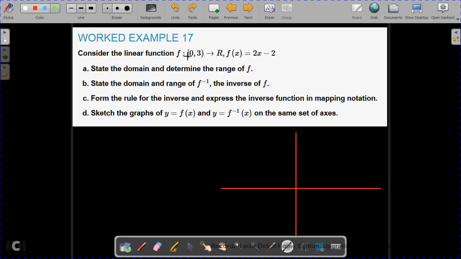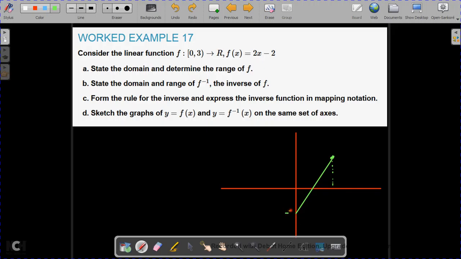So let's get rid of that line. We actually start from 0 and go to 3. So where's 0? It's down here, and we go up to 3, which is about there. What happens at 3? What is that point?